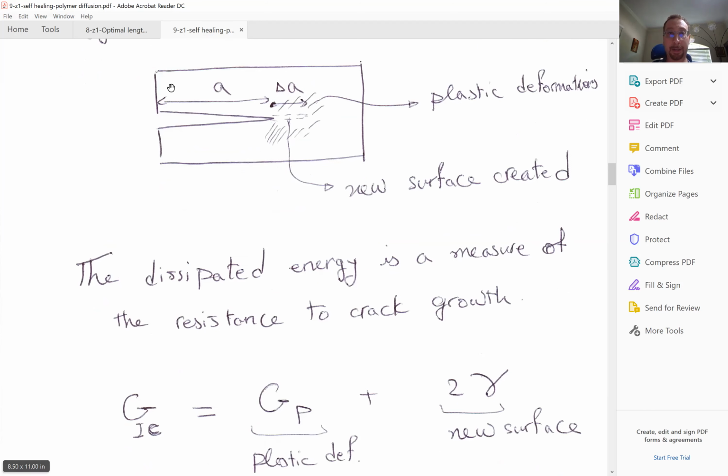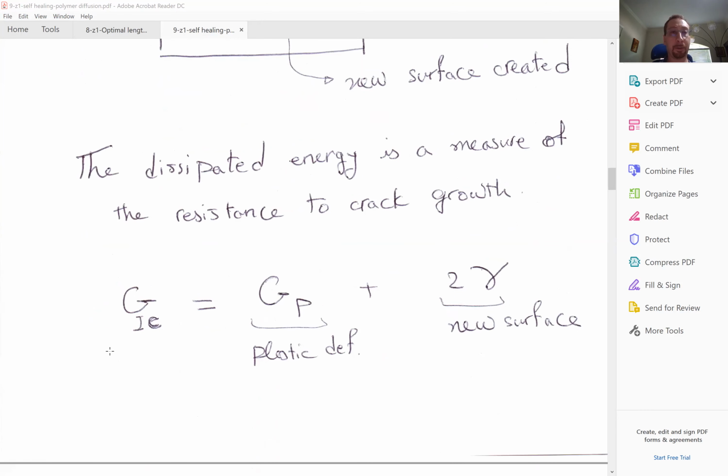One, again, is for the mode of the crack growth, which in this case is this and that. And C is because it's basically a critical value. It has two components. One is the energy that you need to break right on the surface, the energy of the bonds, and there's a two here because when the crack grows by delta A, you're opening two surfaces, the top and bottom, and a plastic contribution.